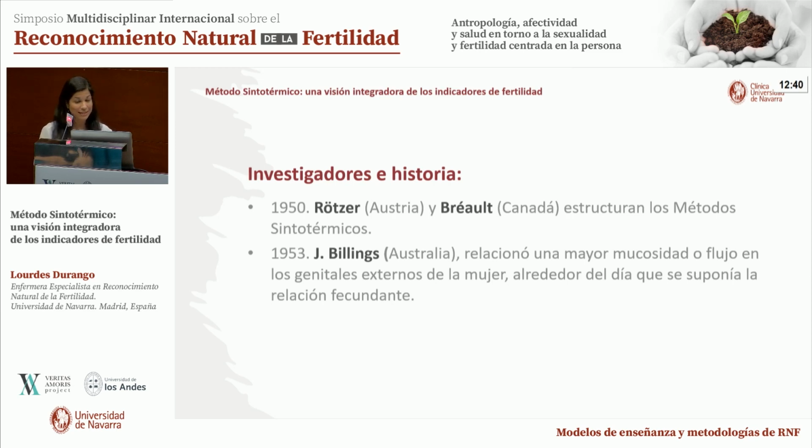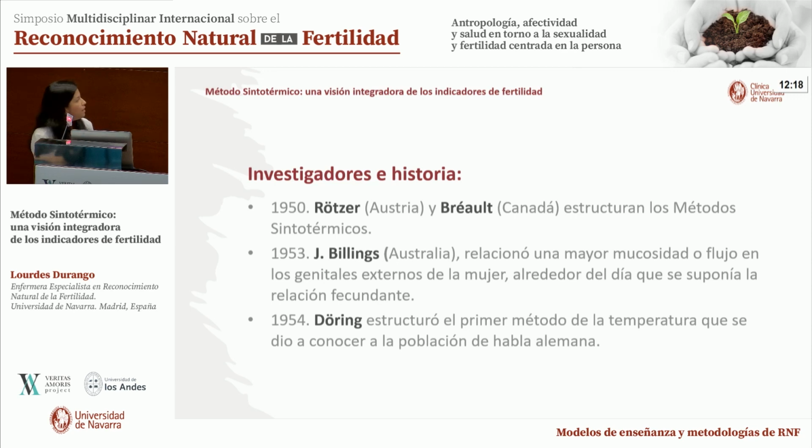After 2 years of studying couples that got pregnant while using a natural method to prevent it, they observed that most of the women had noticed more flow around the external genitalia around the day of the supposed fertilizing intercourse, and this encouraged them to keep on studying that secretion.